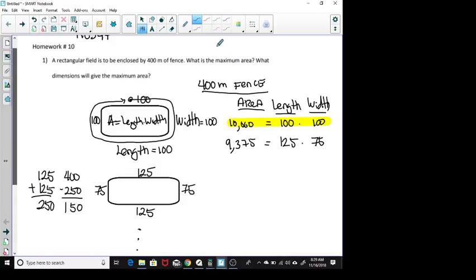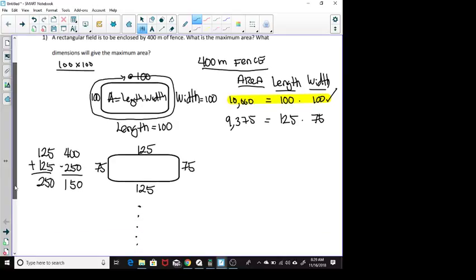What is the maximum area? 10,000. What is the length and the width? 100 times 100. This is the biggest one. If you don't believe me, go home and divide 400 into different pieces, and you will realize that that's the biggest area.